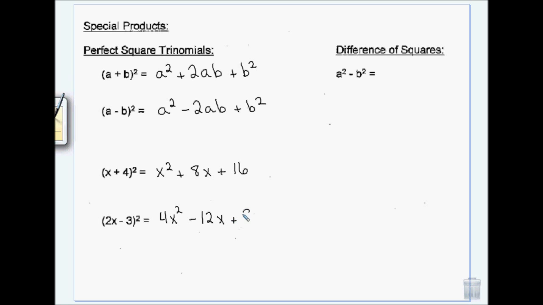And then negative 3 squared, which is 9. Okay, so that's essentially what I did. These are the steps to give us this.